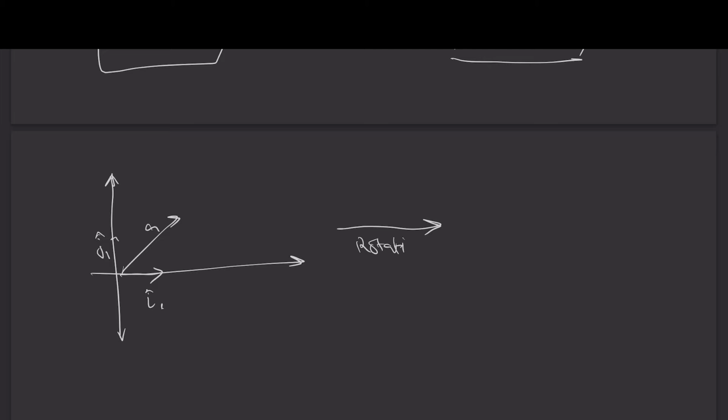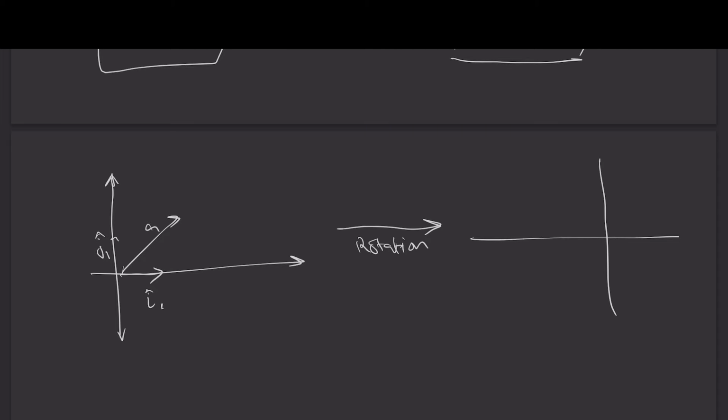Coming back to matrices, a linear transformation can be expressed in the form of a matrix multiplication. Let's say we have a vector A, and the unit vectors are I1 cap and J1 cap. After applying the transformation, let's say we are rotating the space.